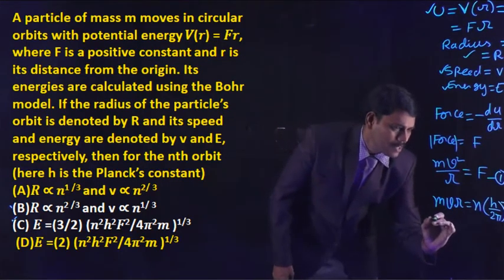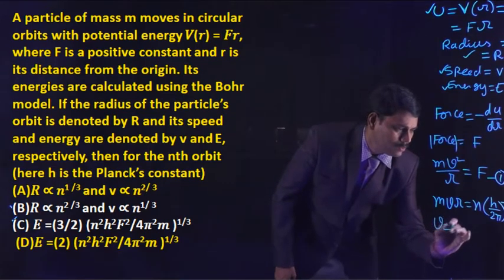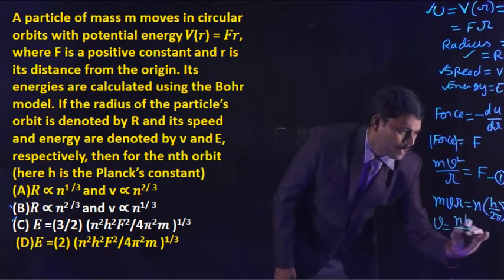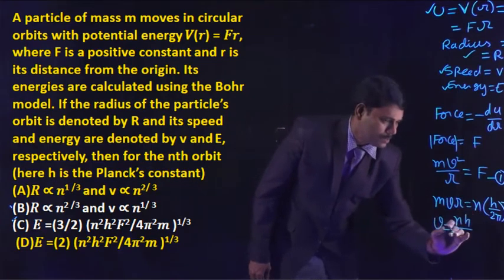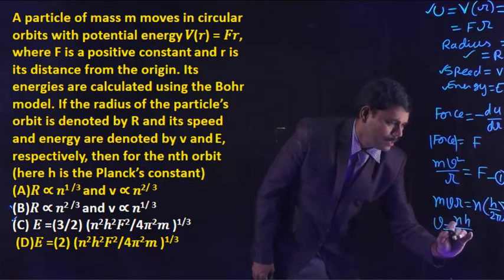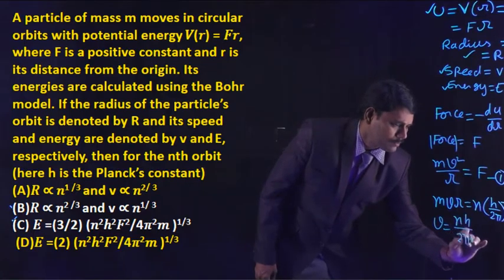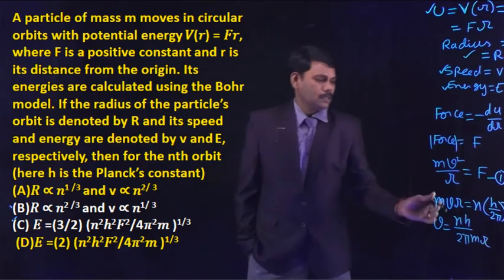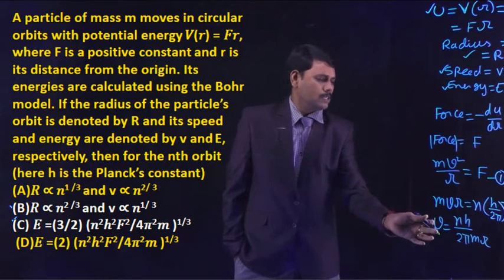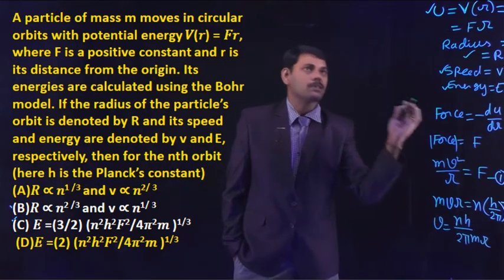From equation 2, on cross multiplying, we get v is equal to nh divided by 2 pi into mr. Substitute this v value in equation 1.